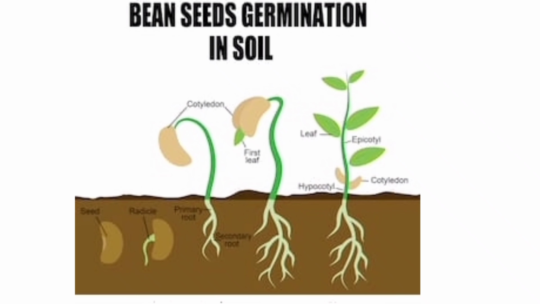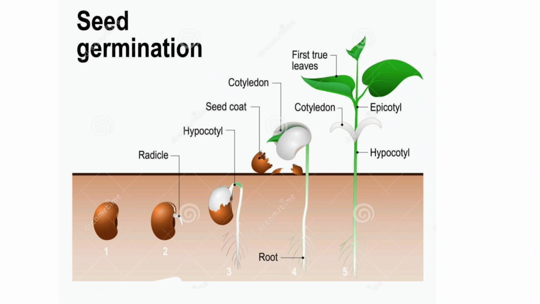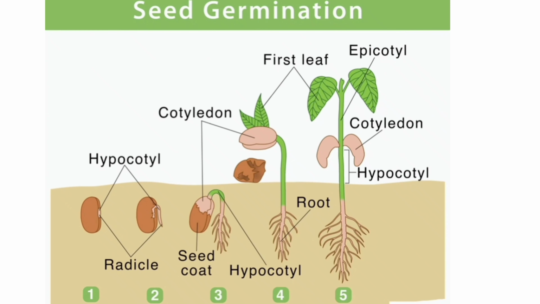Then the seed soaks up water, the seed coat breaks and the root emerges. The new plant develops roots and a shoot. As the plant grows in size, it develops leaves. The cotyledons shrink and disappear as the plant grows bigger and bigger.